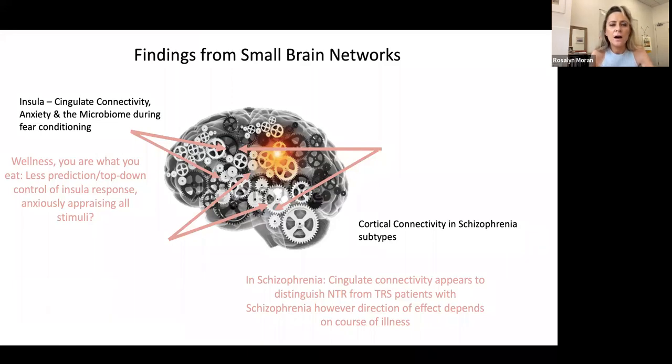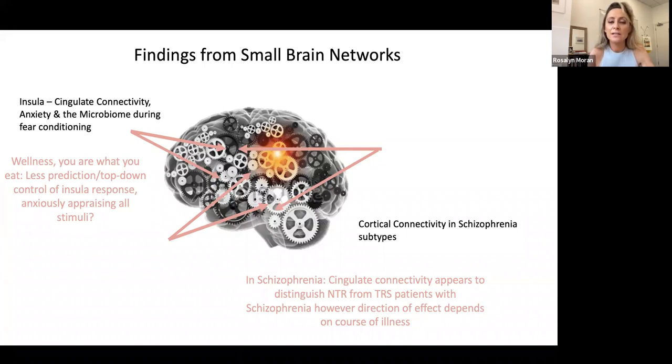And so with our you are what you eat analysis, looking at the insula and ACC, we saw that if you have less top-down control of the insula, then potentially you might be anxiously appraising all stimuli.